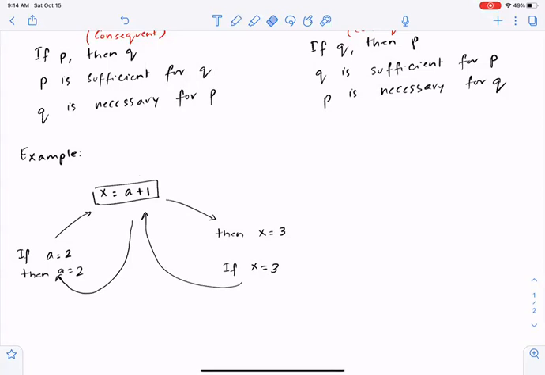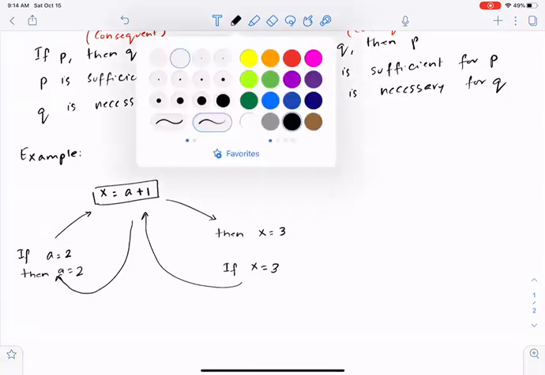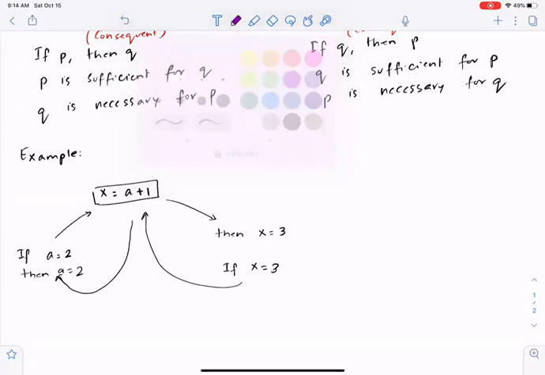So in this case, if I call a equals 2 as P, x is equal to 3 as Q, I can write this scenario as P if and only if Q.